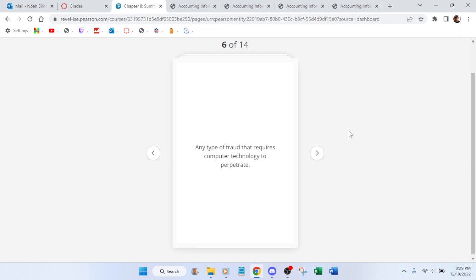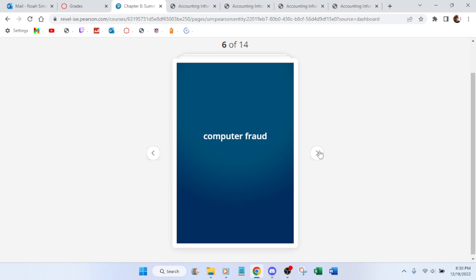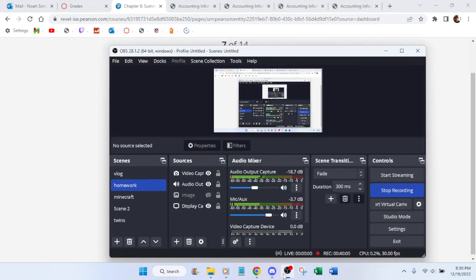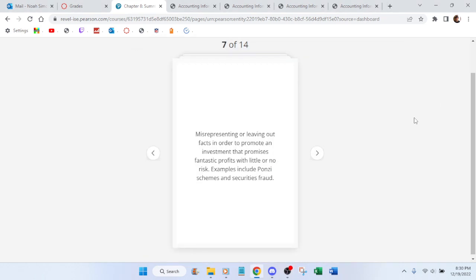Any type of fraud that requires computer technology to perpetrate, computer fraud. Misrepresenting or leaving out facts in order to promote an investment that promises fantastic profits with little or no risk.